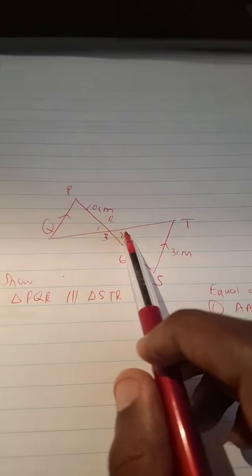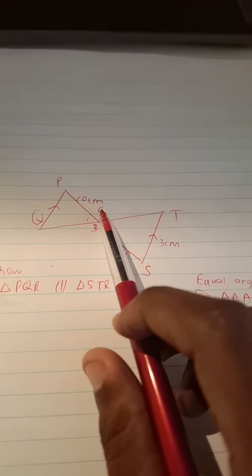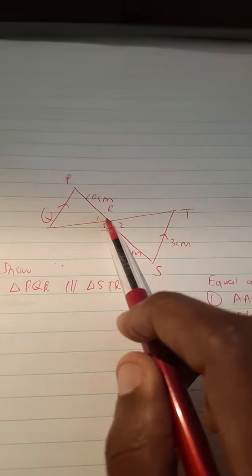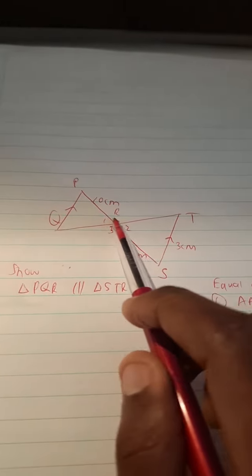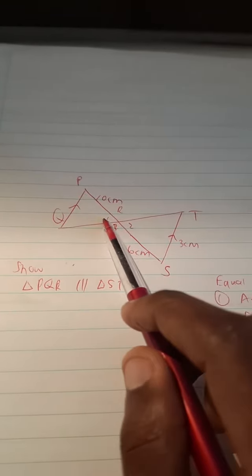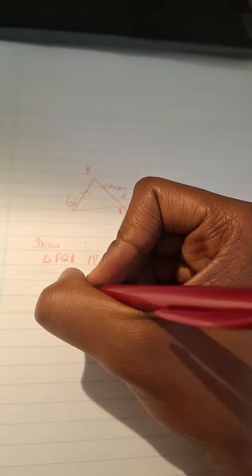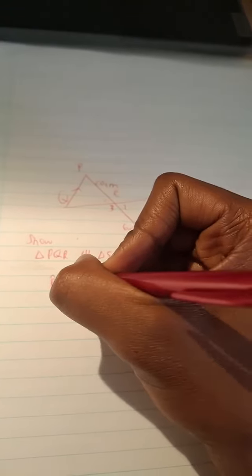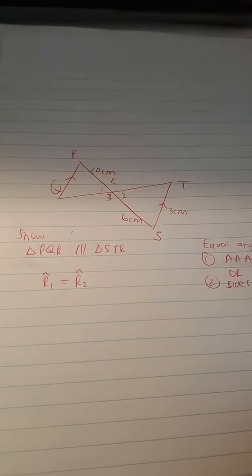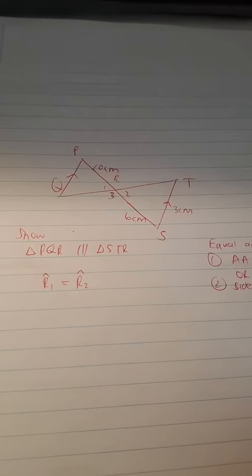If you look at the diagram, we have two lines that are intersecting, and surely there's a relationship between these two angles. So angle R1 is equal to angle R2. What is the reason?